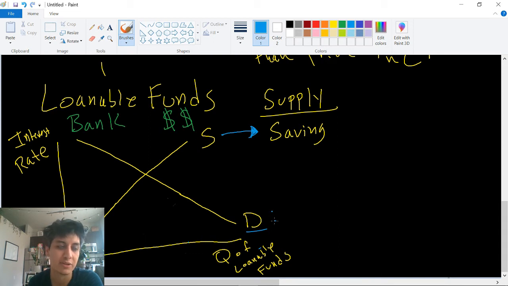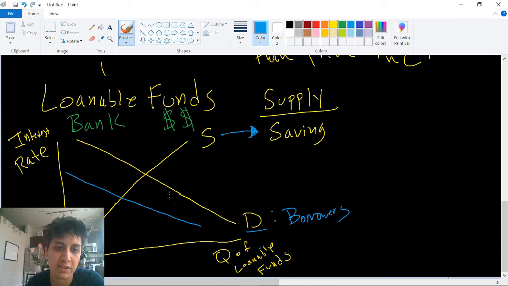And this is a little similar to the aggregate demand where spending is linked. In this case, the demand is going to be representative of borrowers, which makes a lot of sense, right? If the government is spending more, that means they're borrowing more, which means this demand is going up. In this case, since we wanted to reduce that output gap, we want to spend less, which means we're going to be borrowing less.